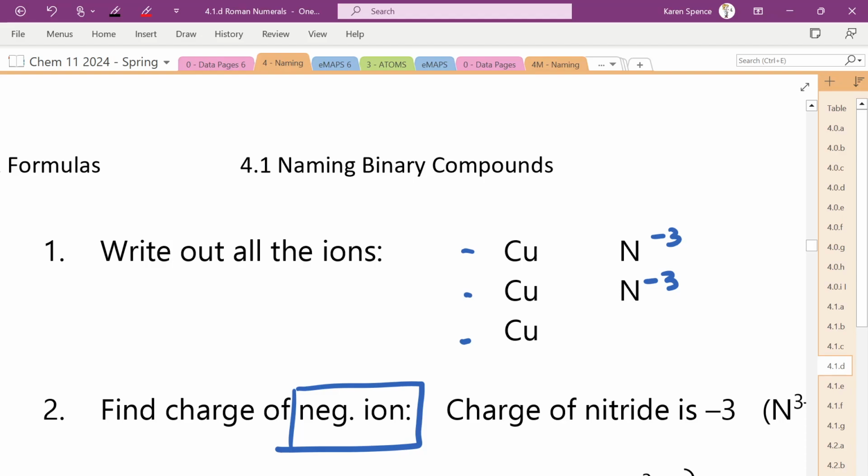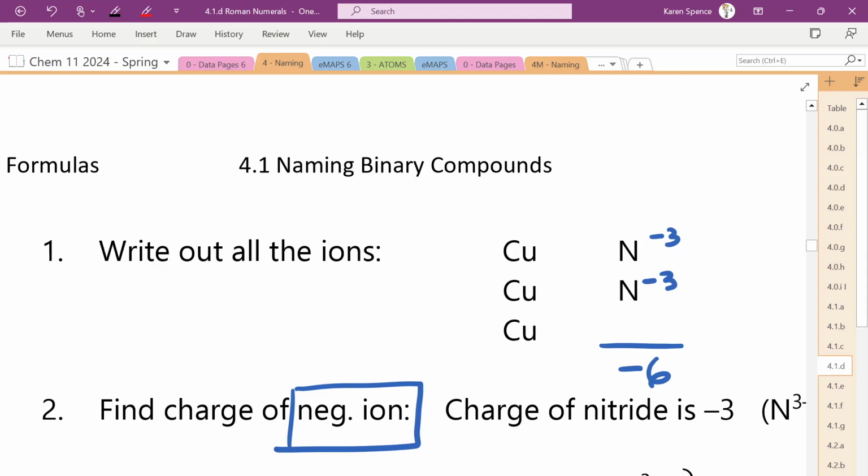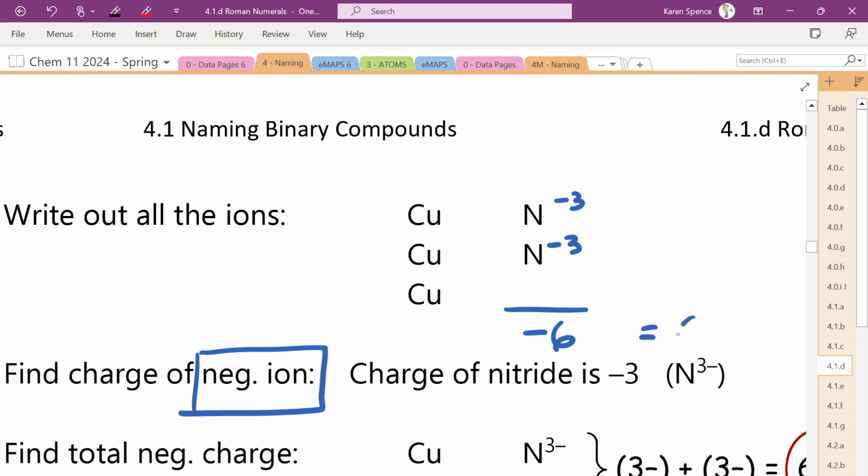Once we have that, we add up the negative charges and we get -6. But my whole compound has to be neutral, so the total positive charge has to be +6.